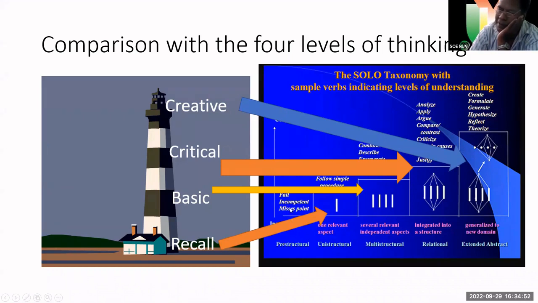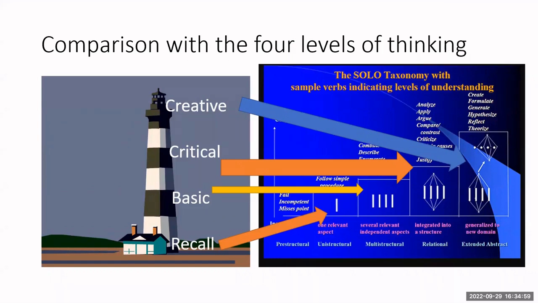Why do we omit pre-structural? Why do we leave it out?